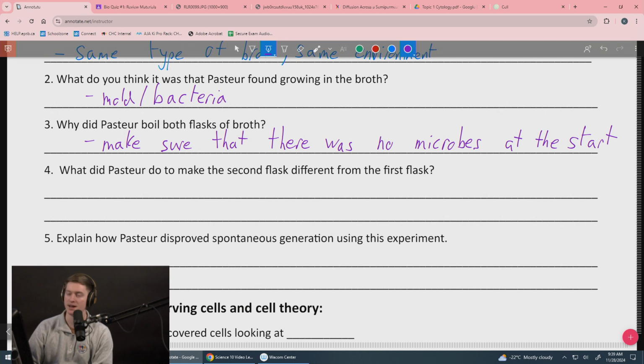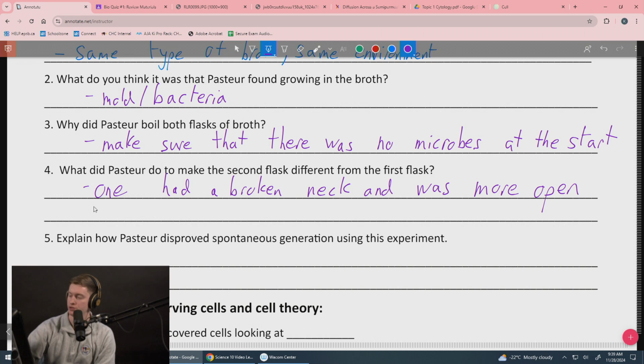One had a broken neck. And both are technically open to the atmosphere, but we're going to say it was more open to the atmosphere.